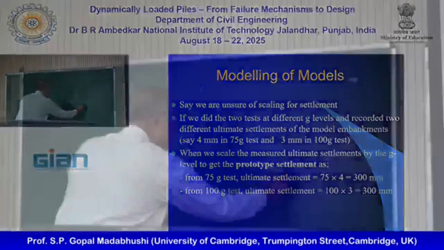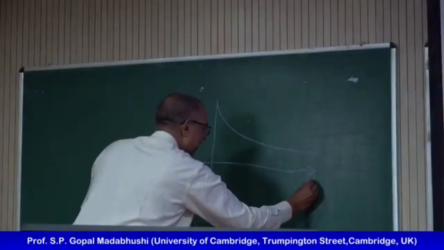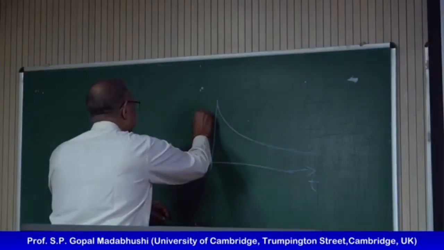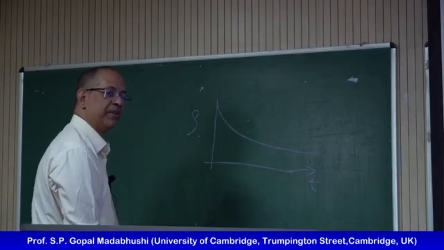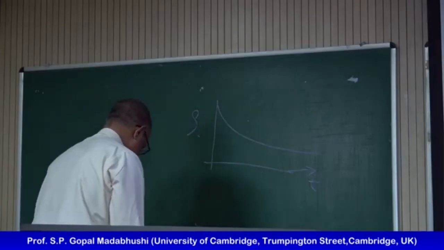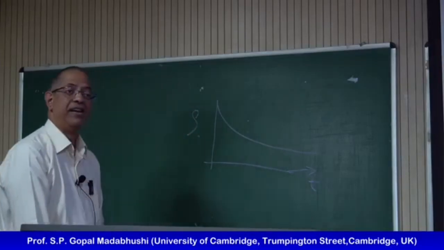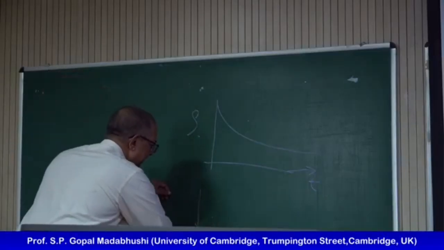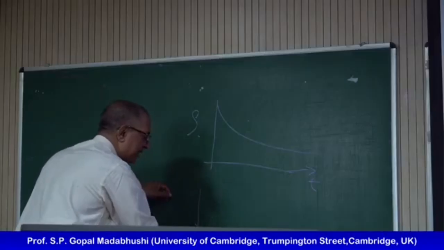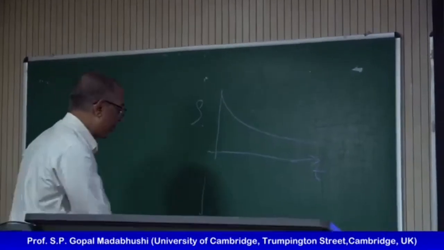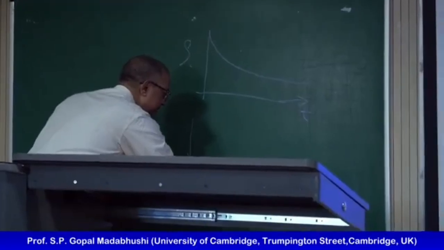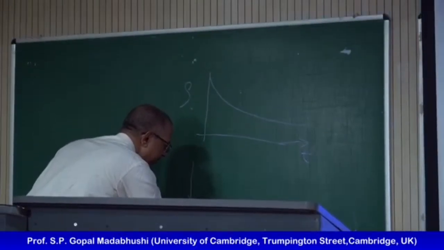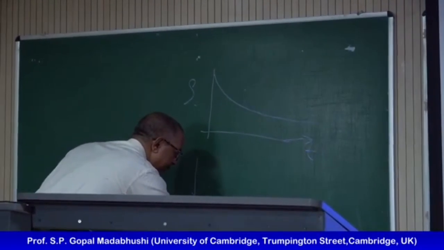Because this is time, this is settlement, right? But the 75 G one will scale as 1 over 75 squared. I don't know if you can see this or not.